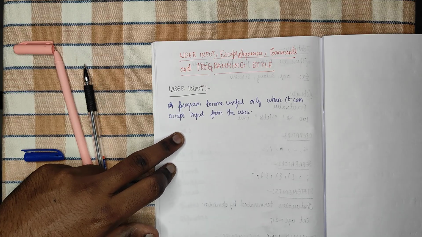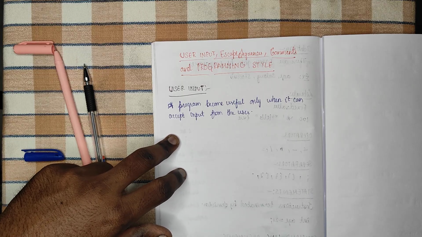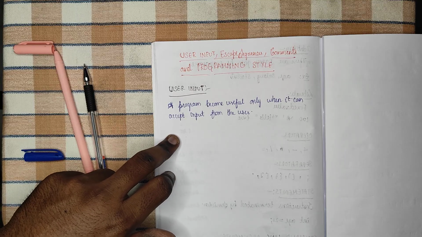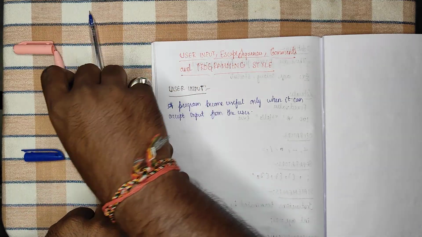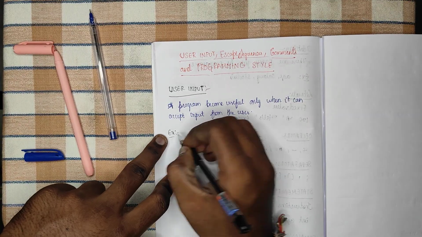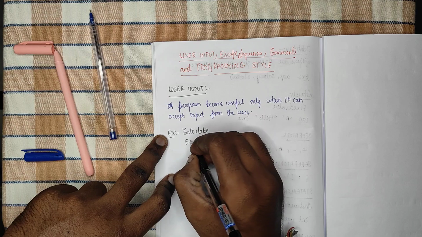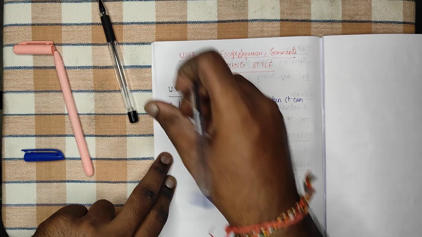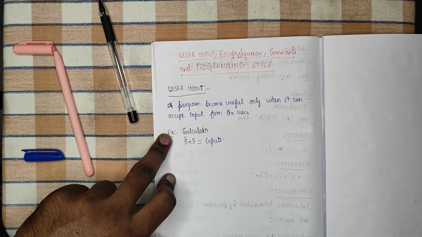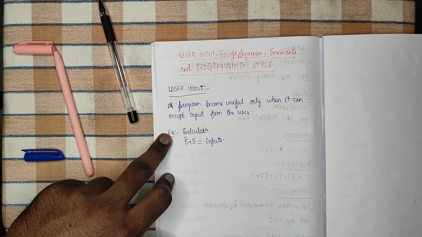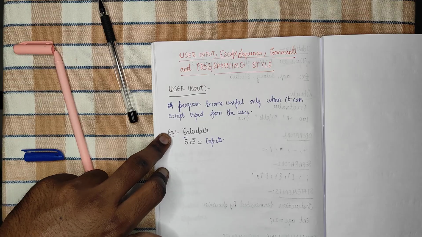If I say a real life example, you can take the example of a calculator. If you press numbers for addition, multiplication or subtraction operations, for example 5 plus 3, the numbers are 5 and 3. Those numbers are called inputs. In the same way, for an ATM machine, the pin number is the input.